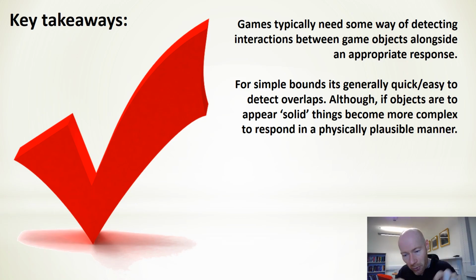Very often you use bounds for doing this particular setup, simple bounds all the way up to more complex bounds. And that makes the process more straightforward. If you have simple bounds, it's generally easy to work out, do they overlap, and it can look appropriate. If you push this all the way up to physical realism, you'll end up in the realms of physics systems and producing physically plausible simulations.